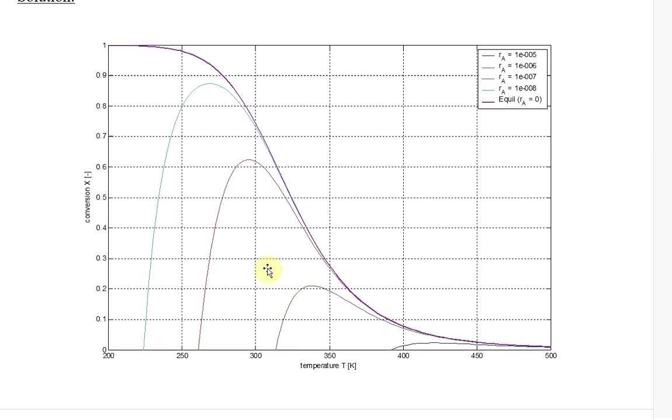So these lines are what nature gives us. If we have a specific conversion in the reactor, which means we have a specific concentration of A and a specific concentration of B, and if we have a specific temperature, then those components will react at some specific rate.